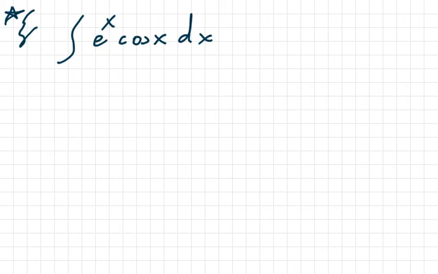So I'm going to let you, oops, here, I don't like that green, so we'll go back to blue here. Let's let you, oops, I was using red, I guess. Let u equal e to the x, dv equal cos x. Now, how do I know? I don't know what to let u equal in this case.